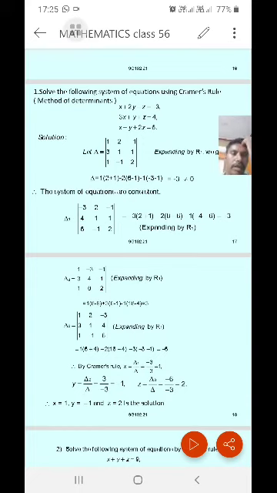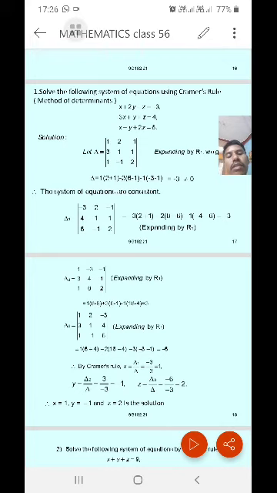By Cramer's rule, we can write x equals delta 1 by delta, that equals minus 3 by minus 3, that equals 1. Minus minus get cancelled, 3 also gets cancelled, so 1. And y equals delta 2 by delta, that equals 3 by minus 3.